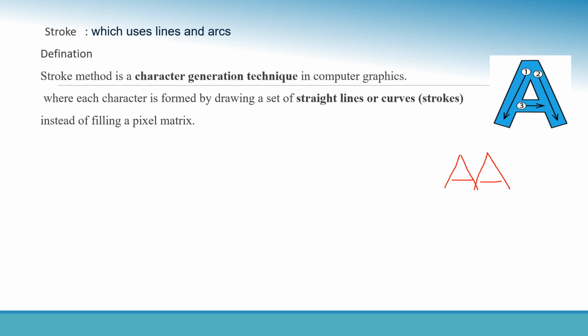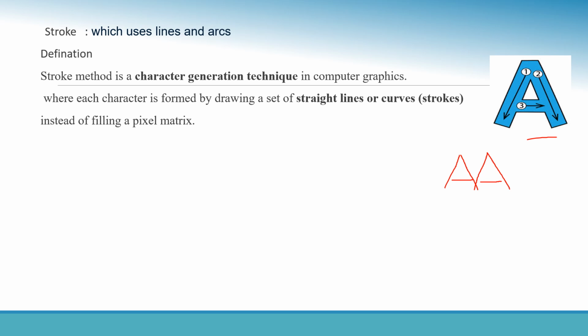The stroke method is a character generation technique in computer graphics where each character is formed by drawing a set of straight lines, or straight lines as well as curves. That is called a stroke. A straight line is called a stroke, instead of filling pixels in a matrix.